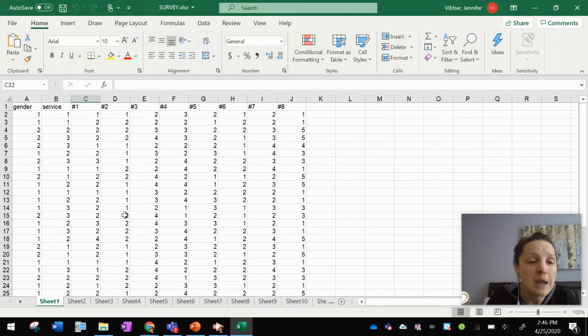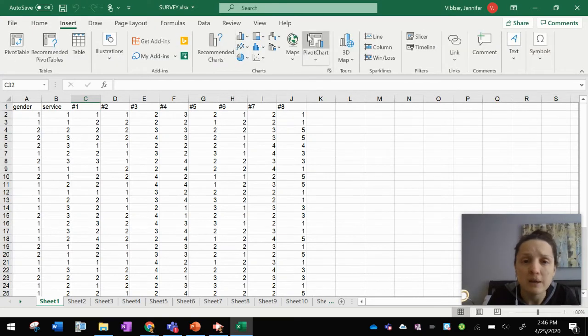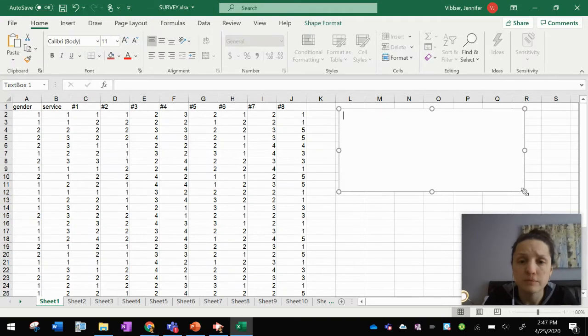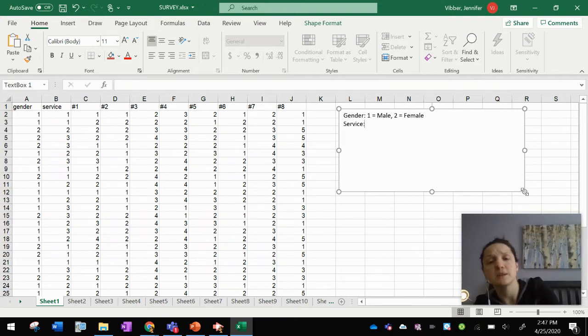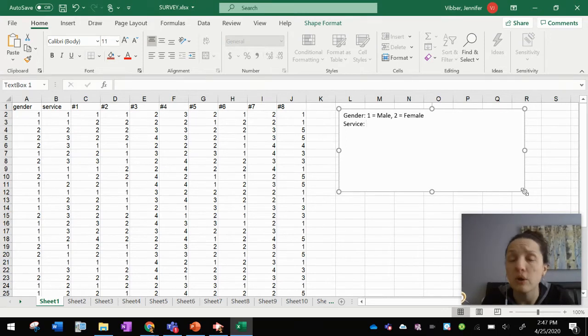Fantastic. And let's assign these things some values. So what I'm going to do here is off to the side. So let's say gender, 1 equals male, 2 equals female. Service. Now let's say this is a survey of people who had a lawn company come and do things for their lawn.